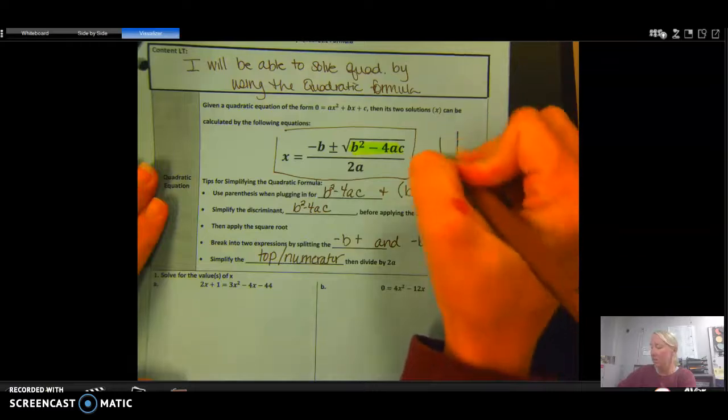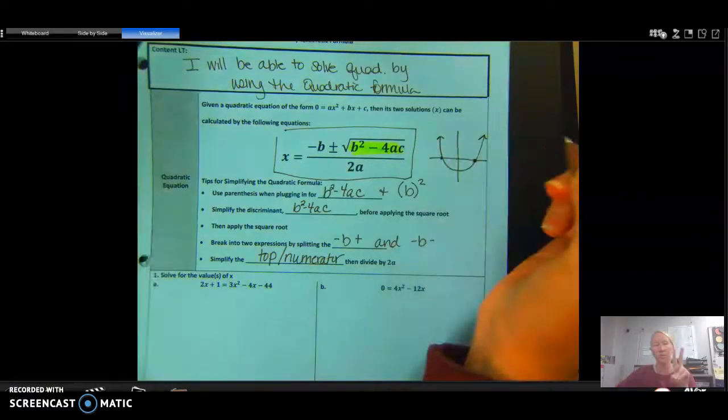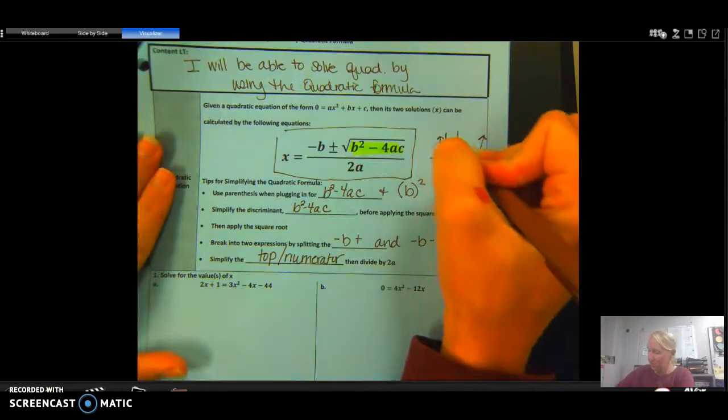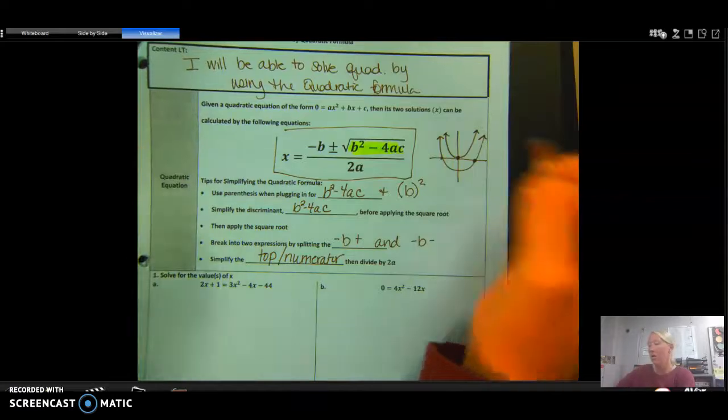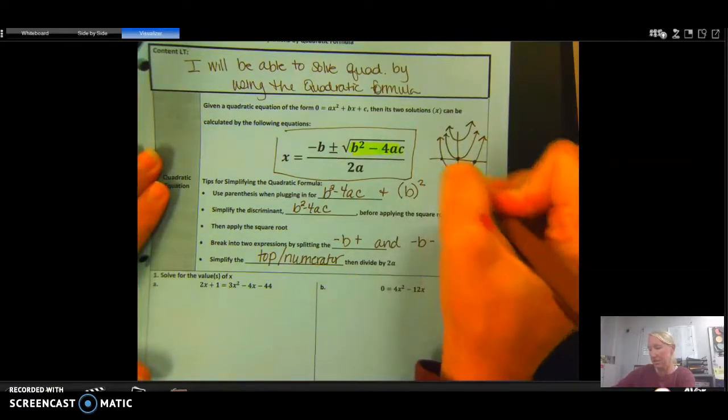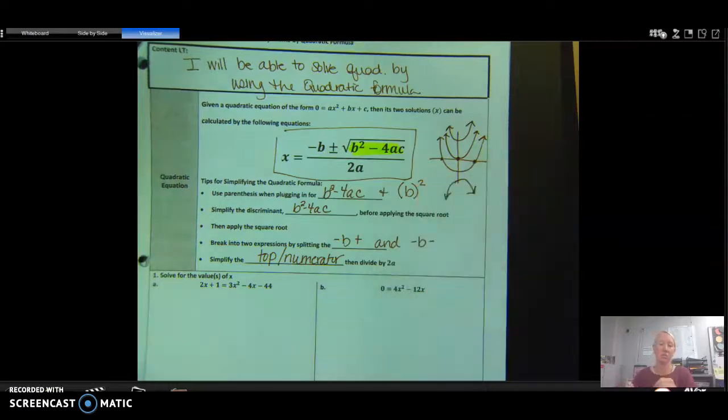So a parabola could cross the x-axis in 2 spots, which would mean we have 2 solutions. A parabola could cross the x-axis in 1 spot, which would mean that we have 1 solution. Or the parabola may never cross the x-axis, which means we have 0 solutions. The discriminant will tell us if we have 2 solutions, 1 solution, or 0 solutions. That's the point of the discriminant.